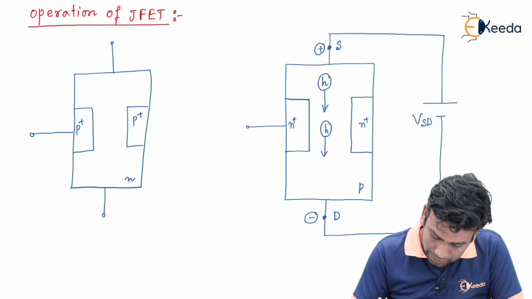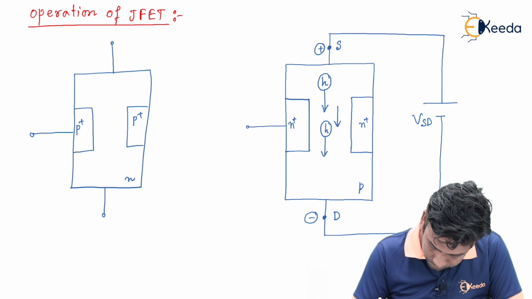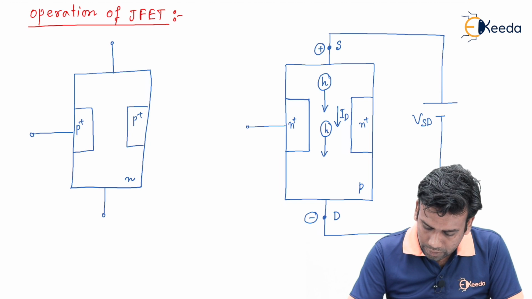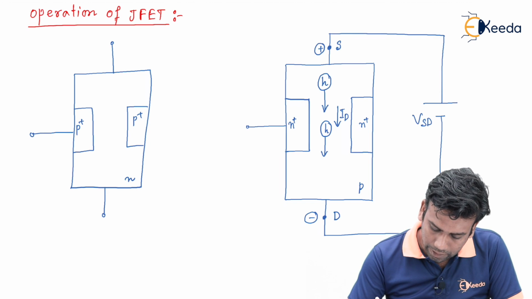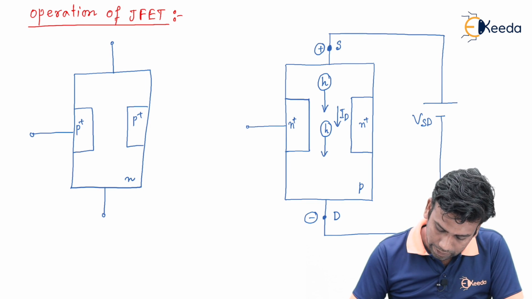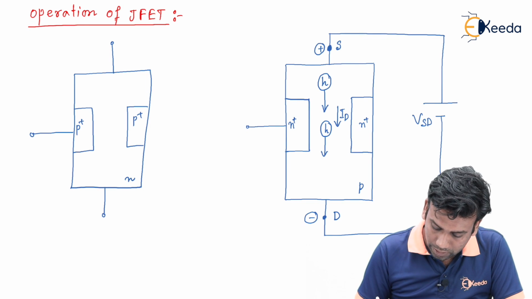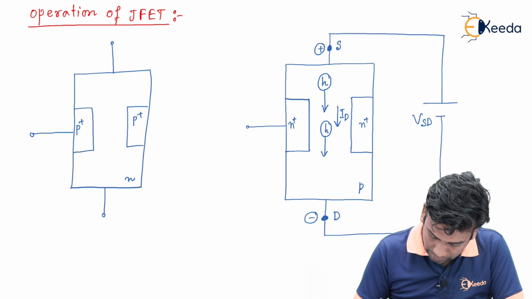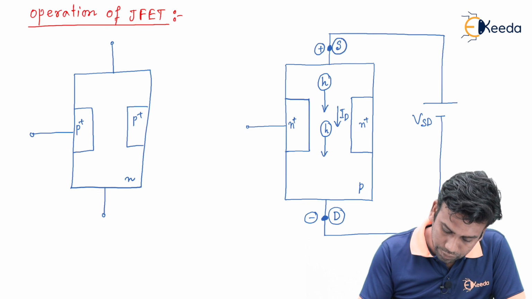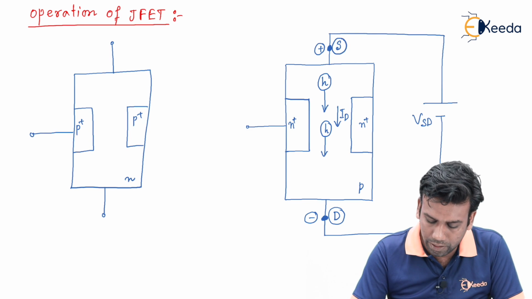Let us name this current ID, that is the drain current. The holes are coming from the above terminal and they are moving out of the JFET through this terminal. That's why the name of this terminal is drain and the name of this terminal is source, because it is giving a source of holes.